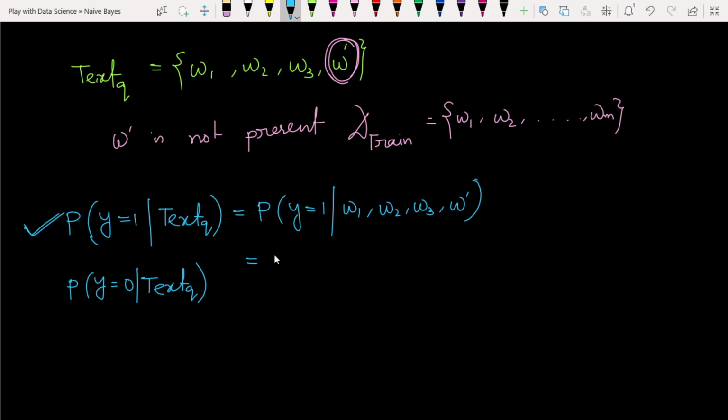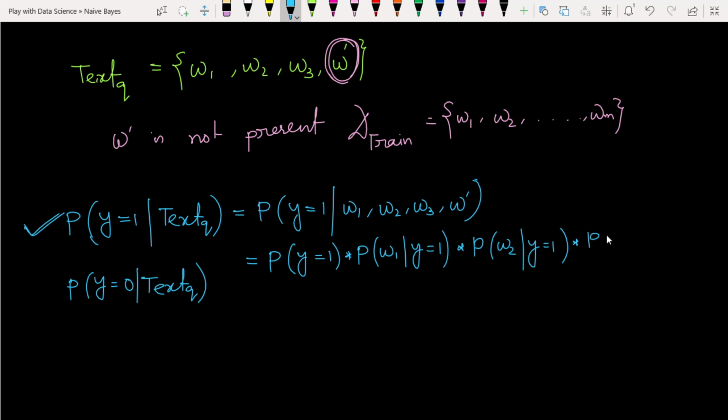Just remember our Naive Bayes formulation. First we have to calculate the classifier, that is the probability of y equals 1, then we are interested to calculate the probability of w1 given class y equals 1, the probability of w2 given class y equals 1, the probability of w3 given class y equals 1, and as well we are interested to calculate the probability of w dash.